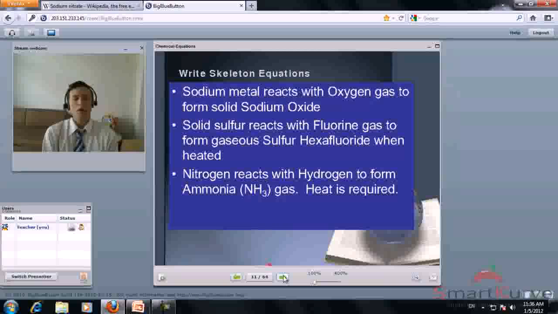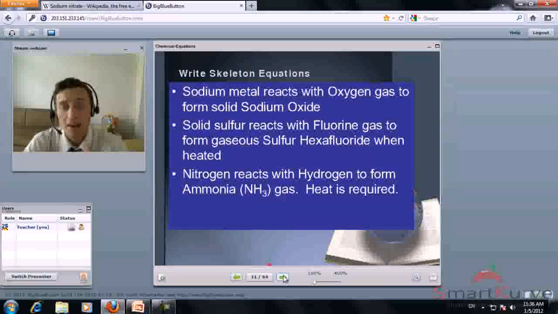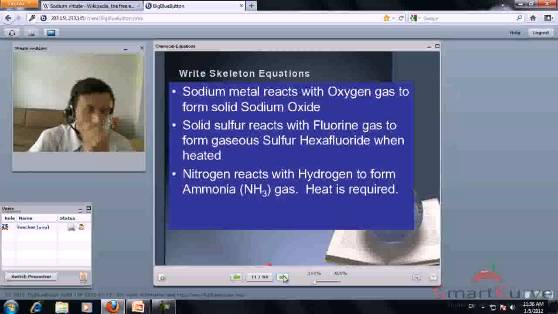Sodium metal reacts with oxygen gas to form sodium oxide. When we write that as a skeleton equation, we don't write anything about how much sodium or how much oxygen are going into that equation, or how much sodium oxide is coming out of that reaction. We just write the names of the chemicals, the elements, and the compounds. All right?